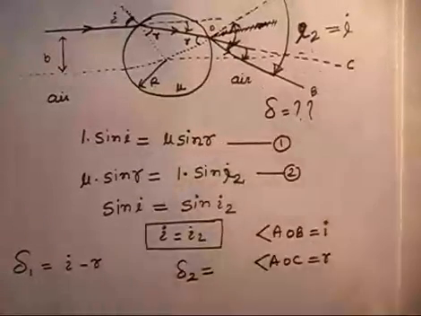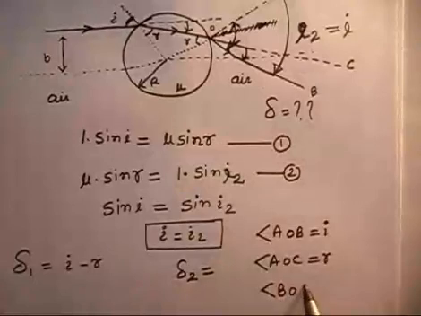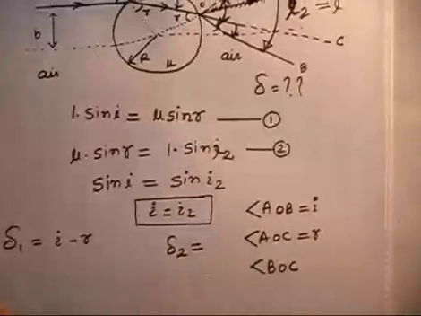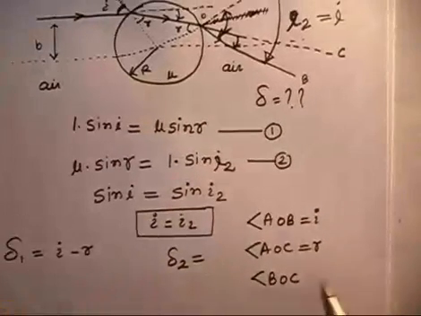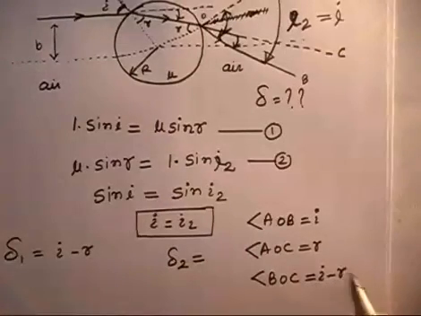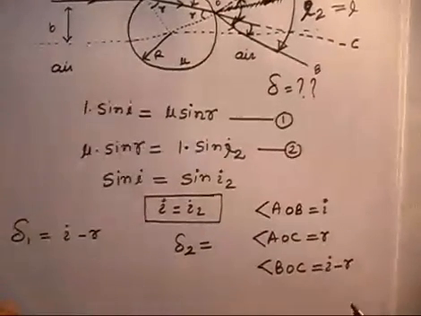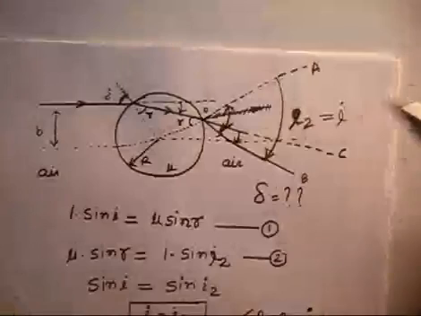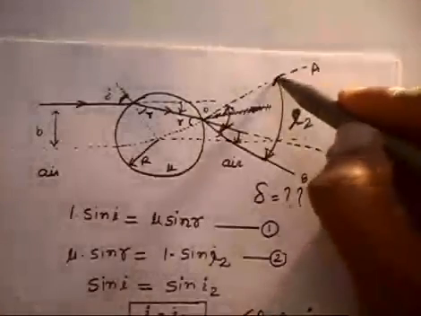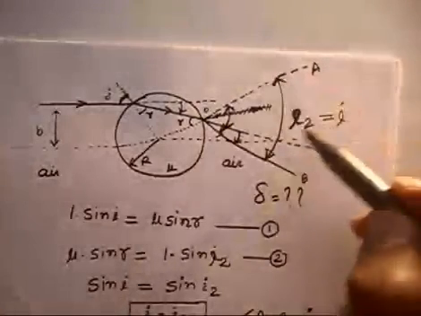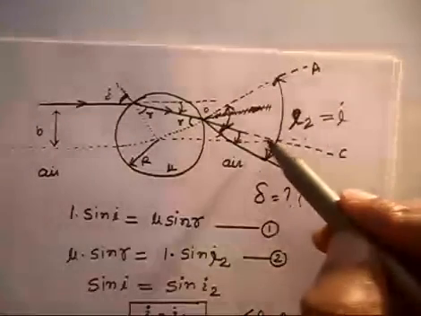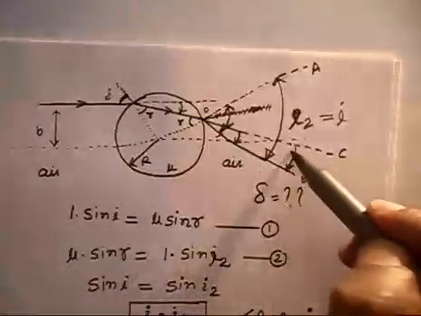So what is this angle? Angle BOC is nothing but I minus R, and that is nothing but delta 2. You see here, this angle is I2, that is equal to I. Now this is the deflection angle, so this is my delta 2.